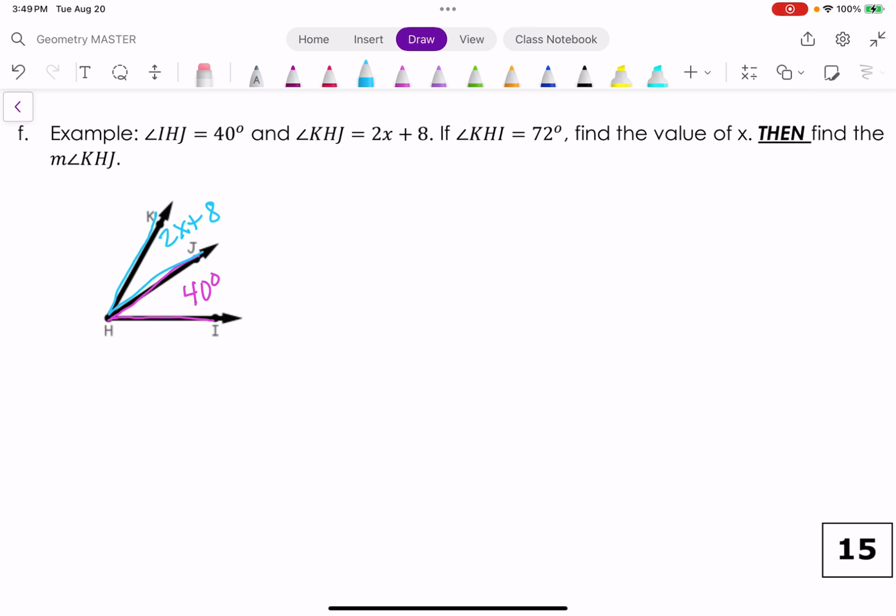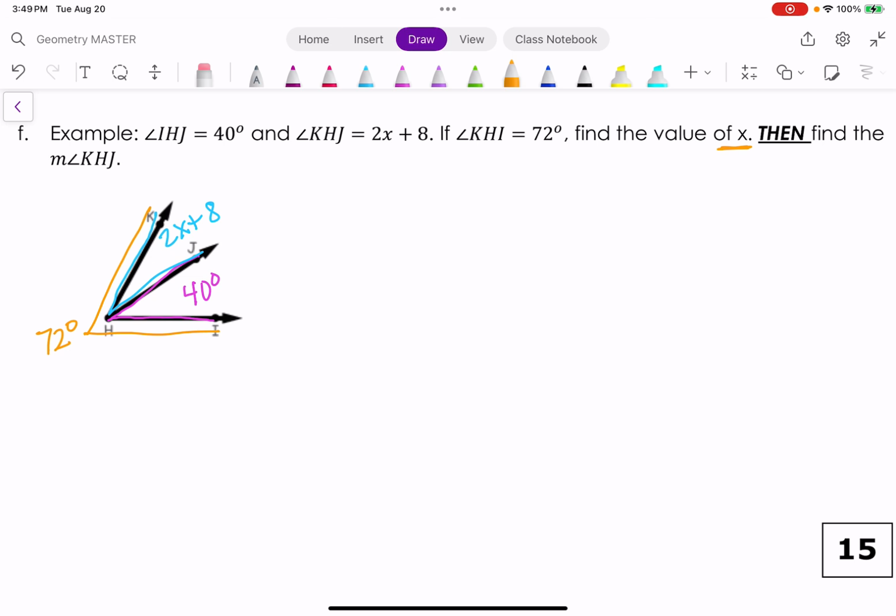If KHI equals 72 degrees, find the value of x. Then find the measure of that angle. What is it in degrees? So we have to find the value of x and then plug it in to find that blue angle, KHJ.